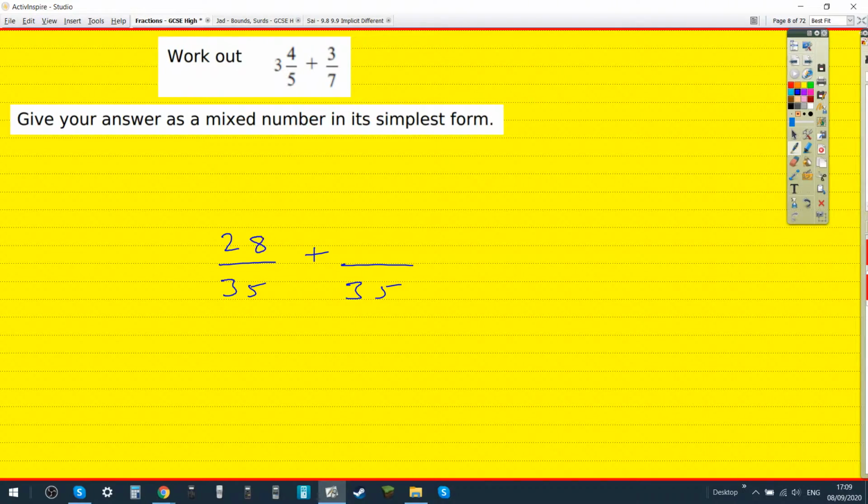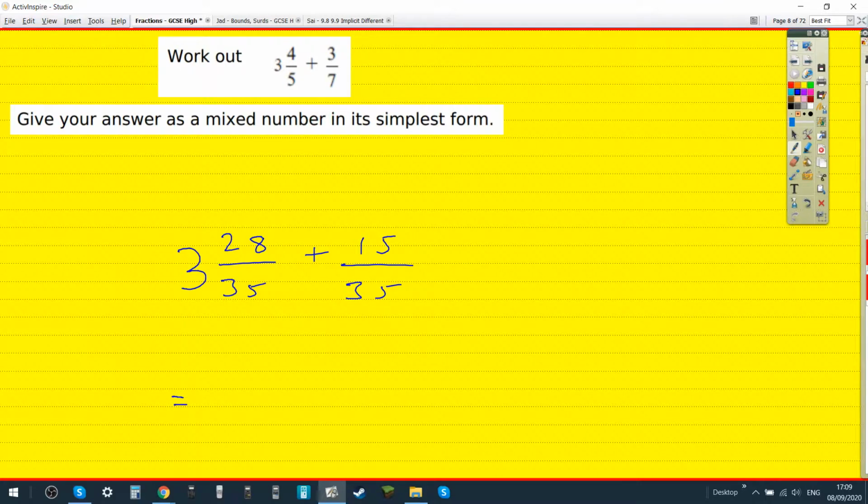And then 3 would become 15. And then you just add the top. And that would be 43.